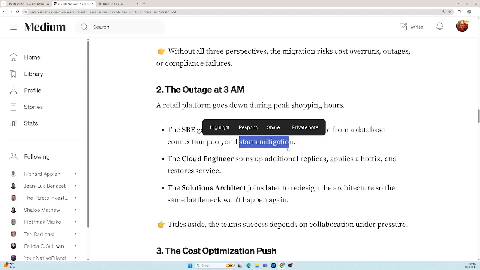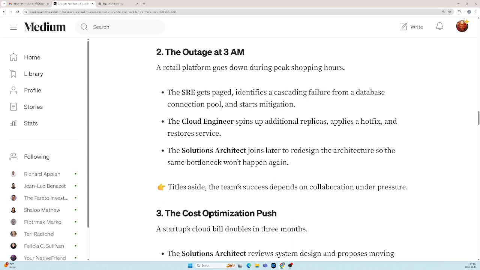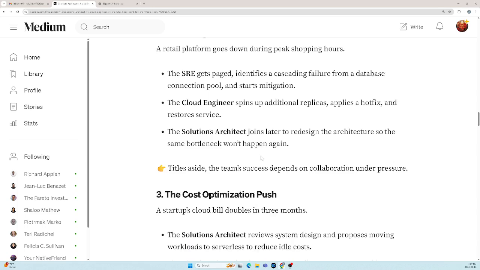The cloud engineer spun up additional replicas, applied a hotfix, and restored the service. Then the solution architect team joined later to redesign the architecture, so that the bottleneck would not recur and the service should not go down again.